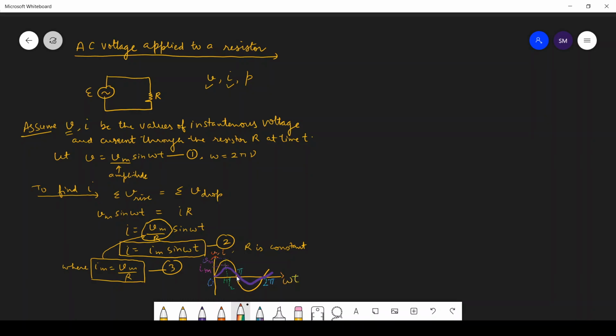Both are varying, but they reach maximum at the same time, and 0 also at the same time, and again reach the minimum at the same time, and then again reach 0 at the same time. So we can say that V and I are in phase, right?